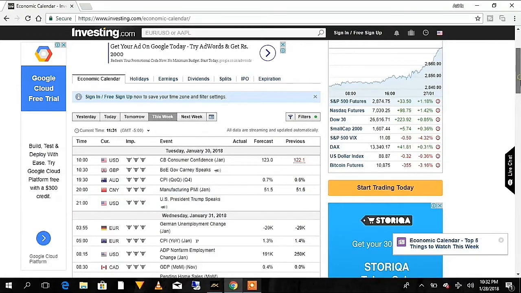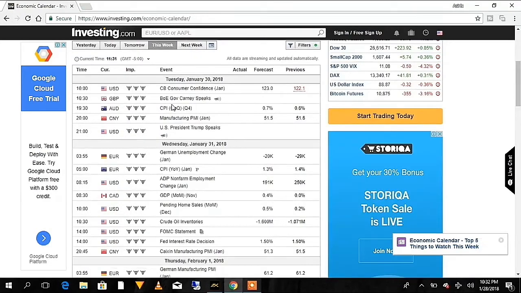And Wednesday, the 31st January, is also a high trading day, because there is news for the euro, German unemployment change, which is a little bit strong news for the euro, not too much.